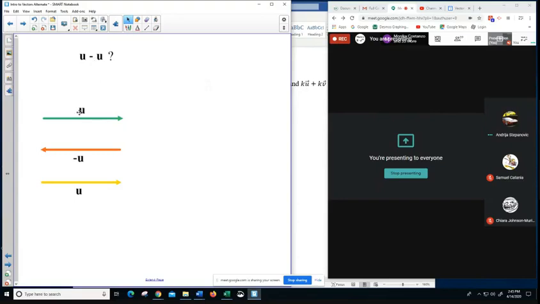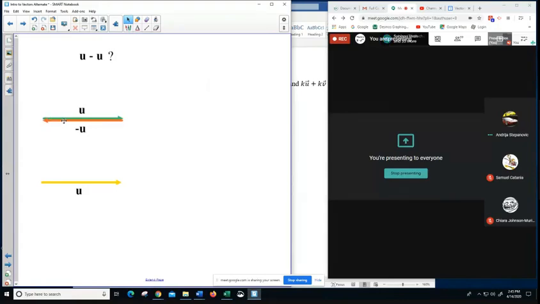Okay, so if I take u and I add the opposite of u, well, if I add those tip to tail, it means I have to put the tail of the second vector to the tip of the first. Okay, and then the resultant vector goes from the tail of the first to the tip of the second, which you see are in the exact same location. So that means that this resultant, whatever it is, doesn't seem to have any magnitude and doesn't really have a direction, since I'm not really moving anywhere.